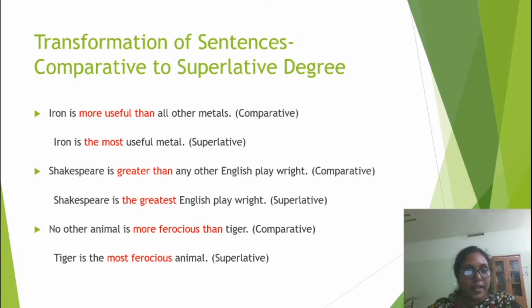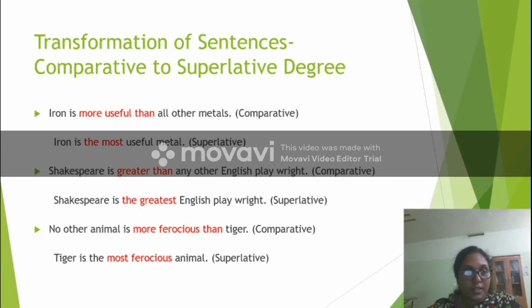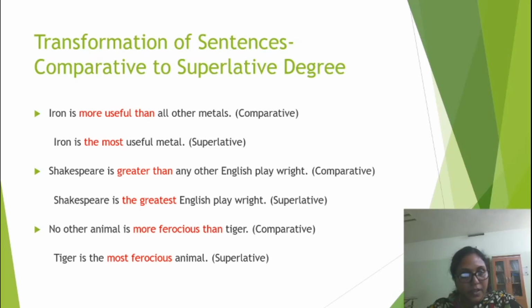Shakespeare is greater than any other English playwright. We know it is in the comparative degree. How will we express it in the superlative degree? Shakespeare is the greatest English playwright. No other animal is more ferocious than the tiger. This sentence is in the comparative degree.